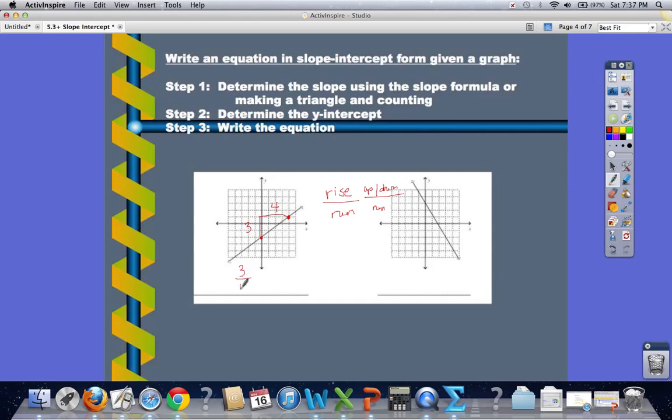You want to make sure you have that simplified, and then you want to see, is this a positive or negative slope? It's positive. So there's my slope, y is equal to, put your x. Then you need to find the y-intercept. Well, I happen to make a dot right there at that y-intercept. What is the location on the y? That would be -2. So this equation is simply 3/4 x minus 2.